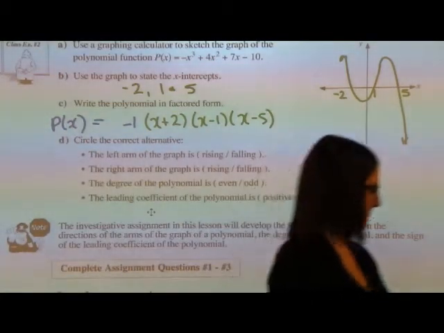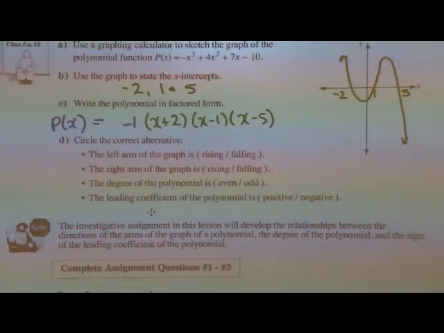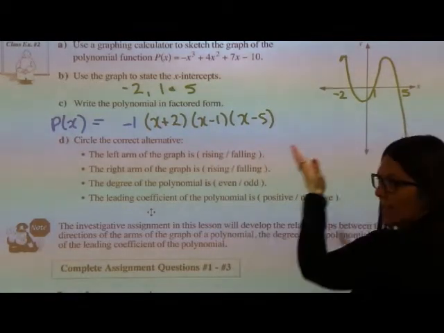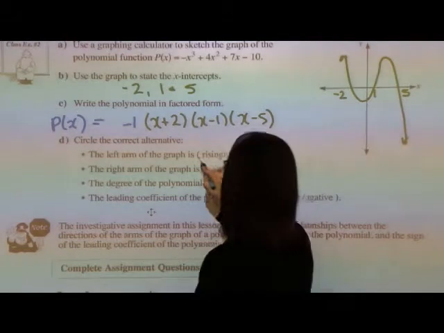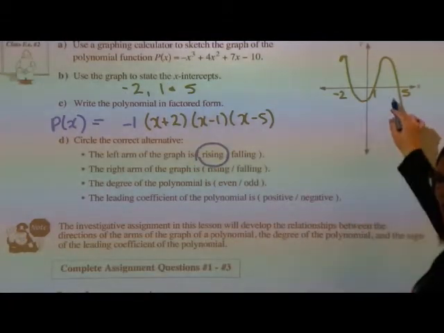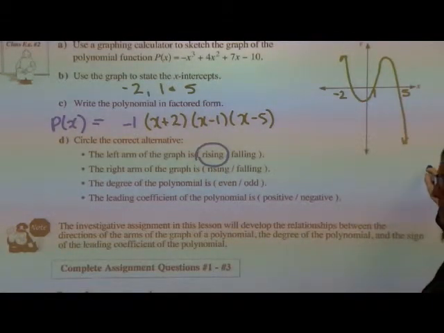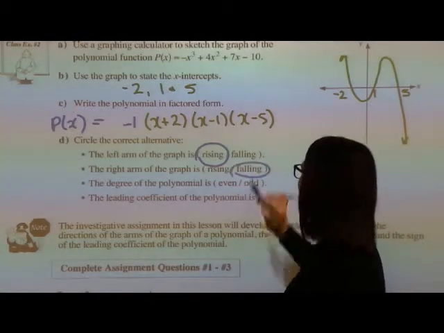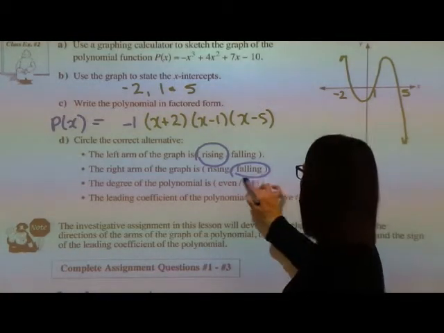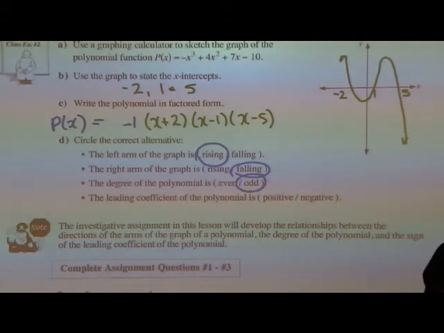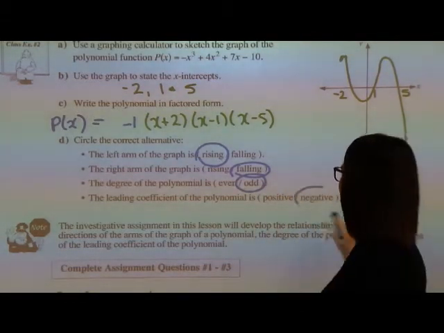The left arm of this graph is doing what? Rising. The right arm is falling. The degree of the polynomial is? And the leading coefficient is negative.